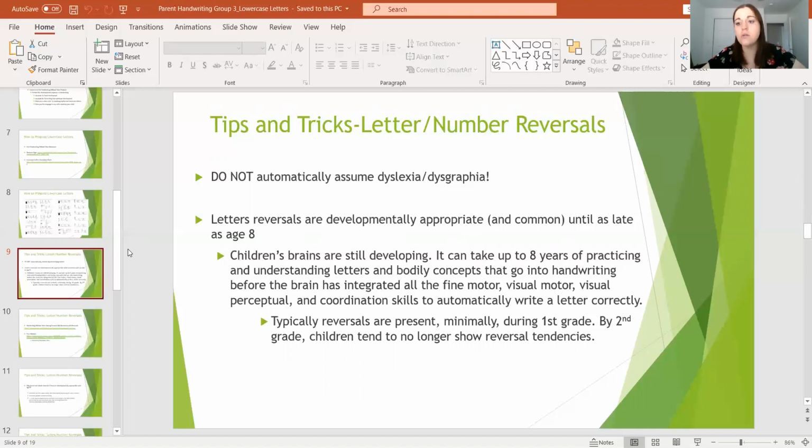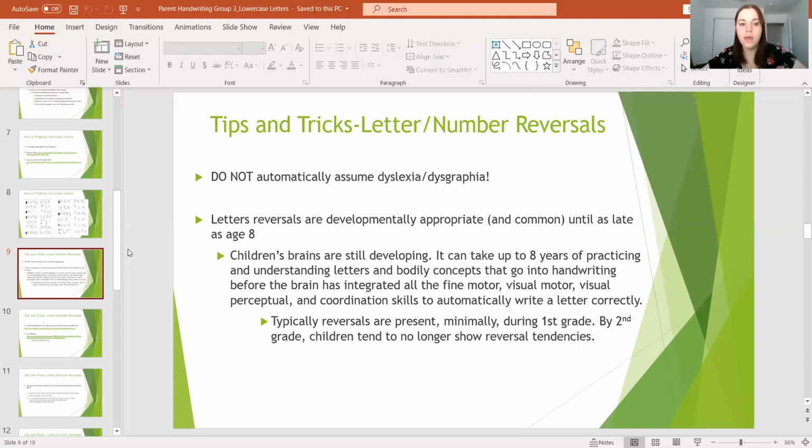Parents have concerns, teachers have concerns about letter and number reversals. And a lot of times, and that's why this is the first bullet point, parents assume dyslexia. Does my child have dyslexia? They're reversing a lot of their letters or a lot of their numbers. And I'm very concerned, which is a very fair concern.